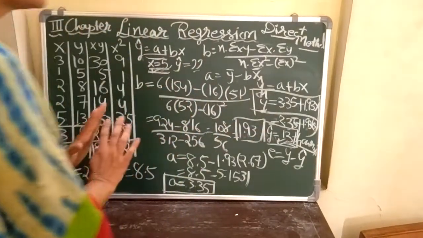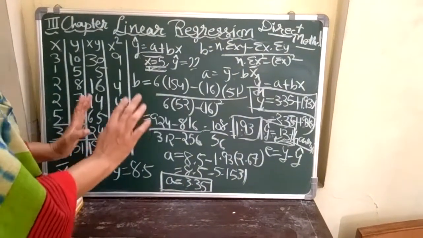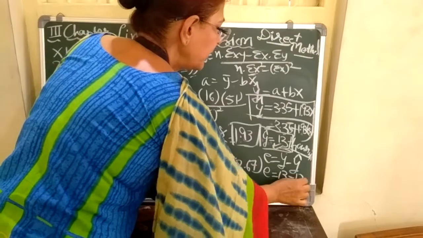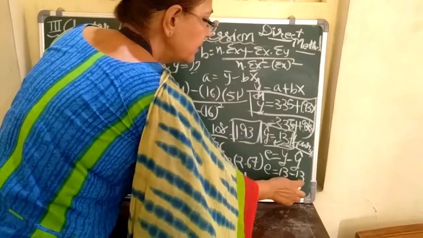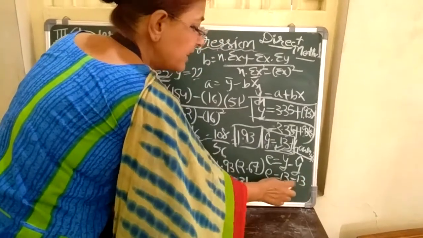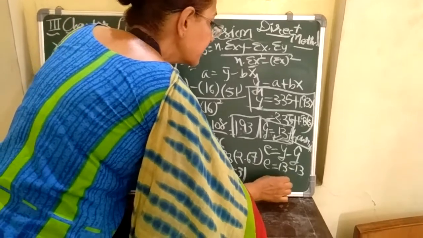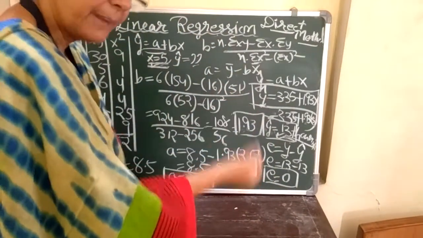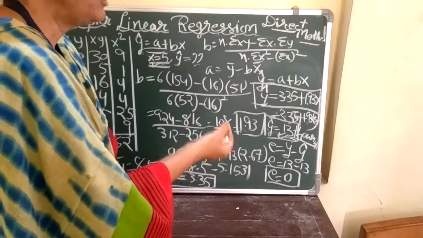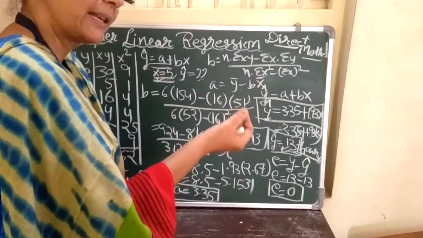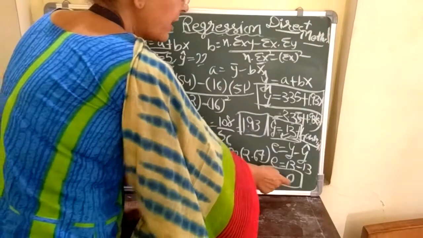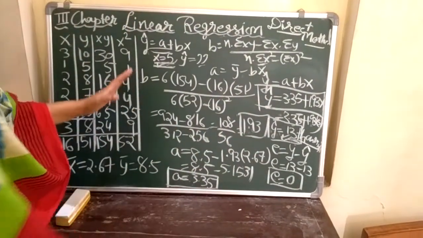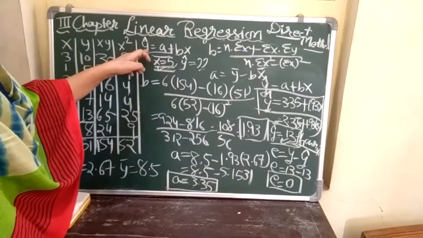Here in this case both values are the same, so the error will be 0, because 13 and 13 are the same. But sometimes the estimated value can be less or more, so accordingly the error value also comes. So this is the way we find the regression line.